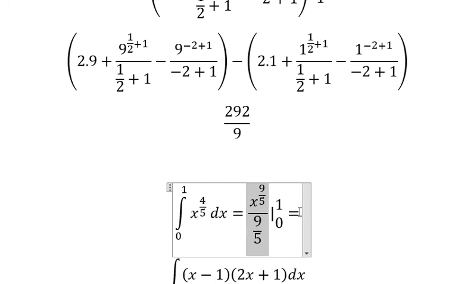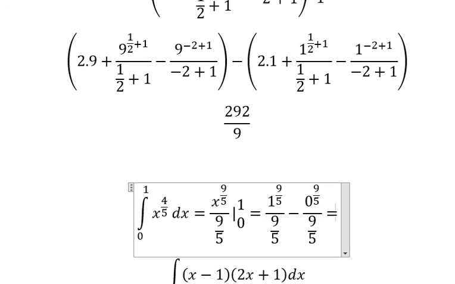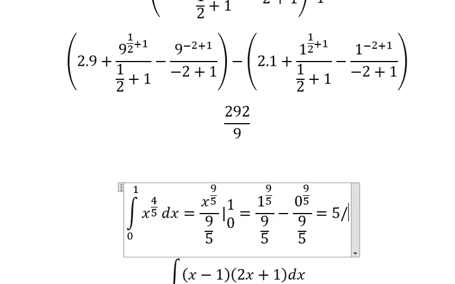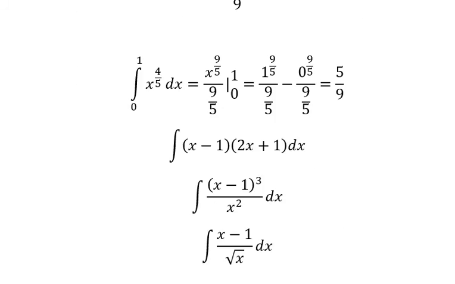So I will put number 1 in here, number 0 in here. And we got 5 over 9. And this is the final answer.